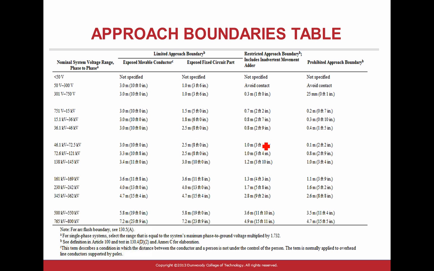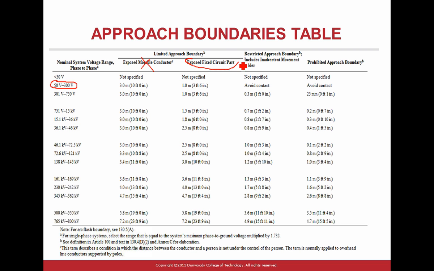Here's an example. Let's take you guys. You are most likely right here, right? This is the table, and there's an exercise about this table in a second. You are nominal system voltage phase to phase. You guys don't have phase to phase, so for you it will be phase to ground. Right in here. So look at this. Limited approach, exposed. Ignore this, because that's for the other guys.